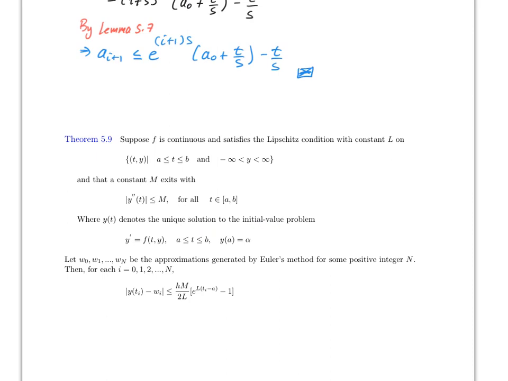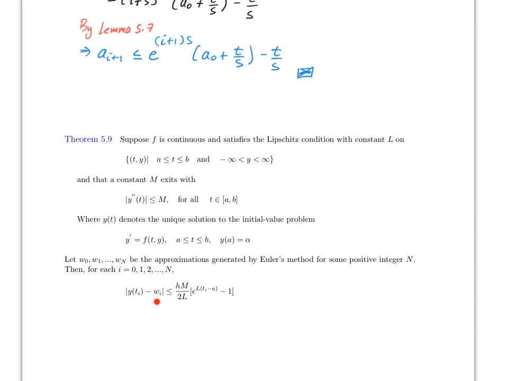Then we let w_0, w_1 to w_n be the approximations generated by Euler's method, like we did in the previous example, for some positive integer n. So then this will be the error bound.